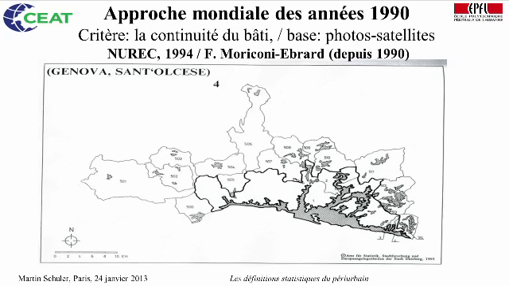There's one global approach from the 1990s that's used and applied to all urban areas in the world. Here, Sedgen, Nurek, here the city of Genoa, Nurek, Morricone, Ebrard, embarked on a global worldwide comparison with one indicator, which is the building stock continuity, which is a morphological criterion that was first seen on maps, then aerial pictures, then satellite pictures.